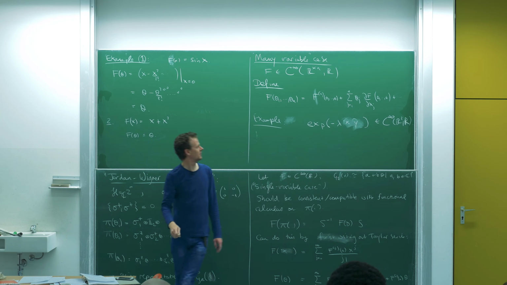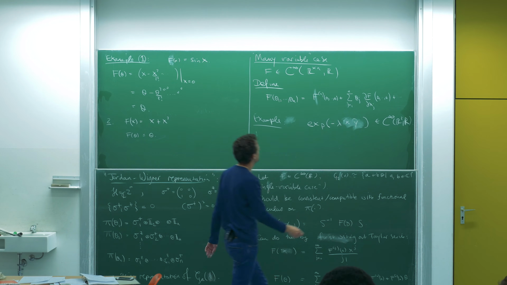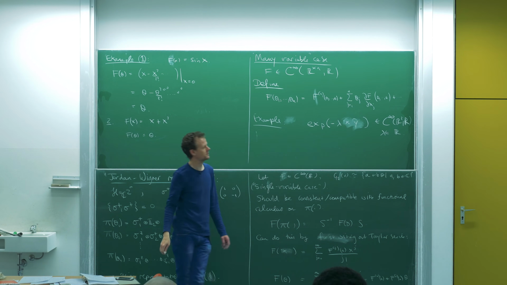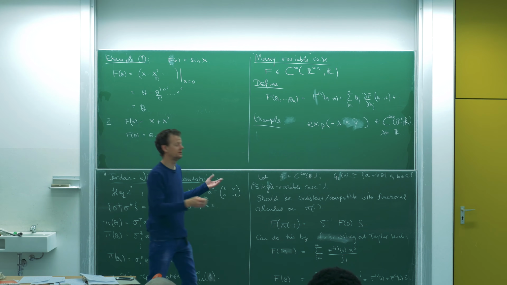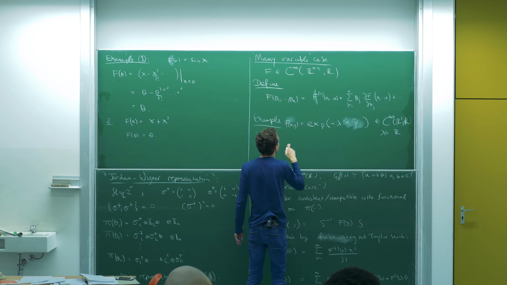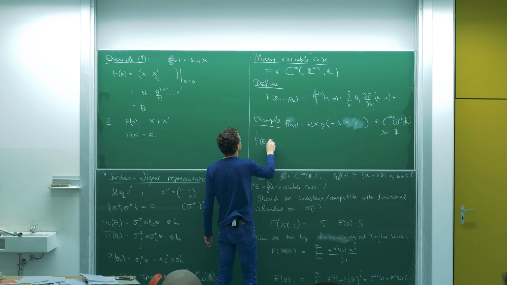So e to the minus lambda xy is a perfectly well-defined continuous differentiable function. And we might ask, what is the corresponding Grassman function? And we get a kind of interesting answer.